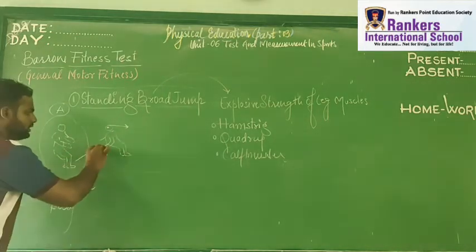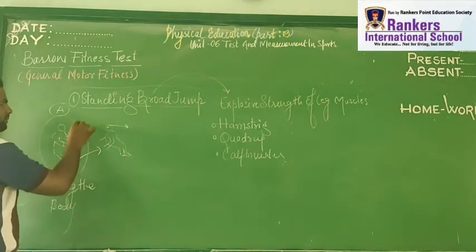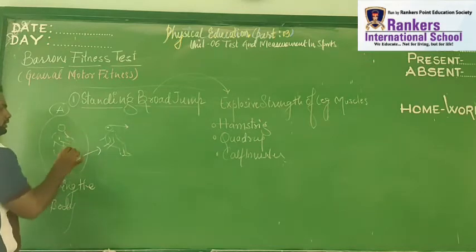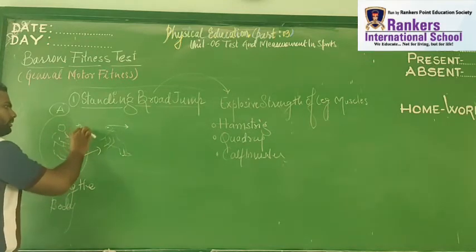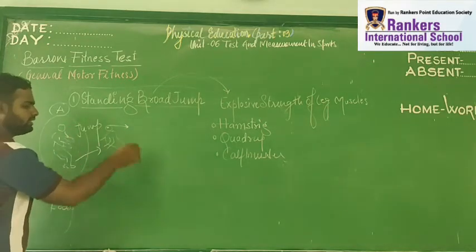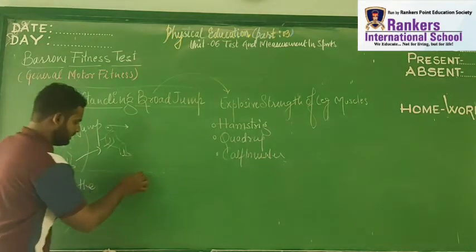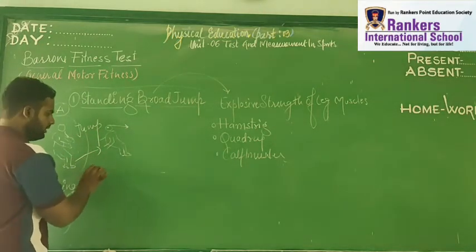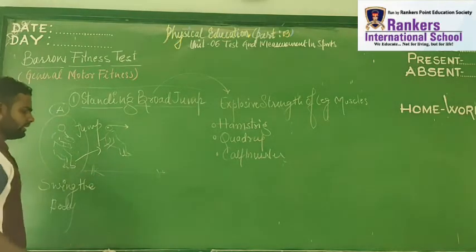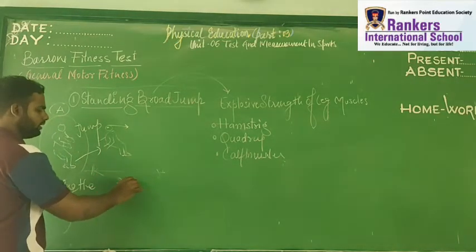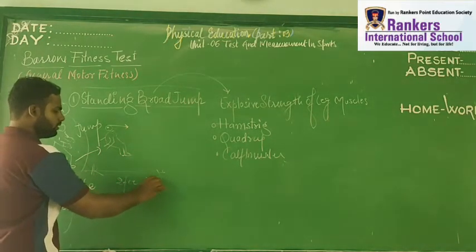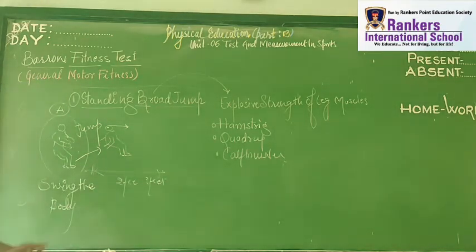So when he jumps, it is a standing broad jump. While standing, he jumps, and when he jumps, he will cover some distance. It might be 2 feet, it might be 3 feet, in some inches.